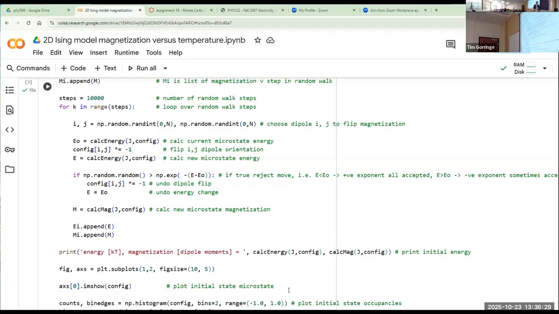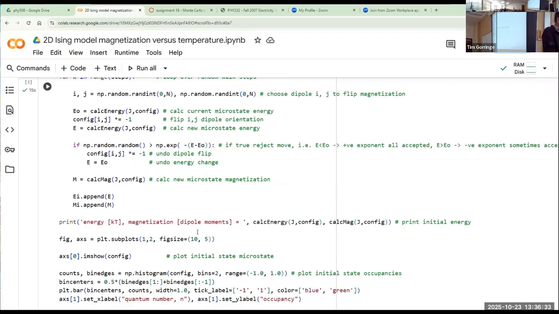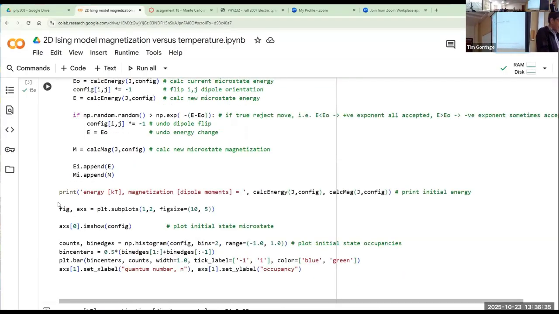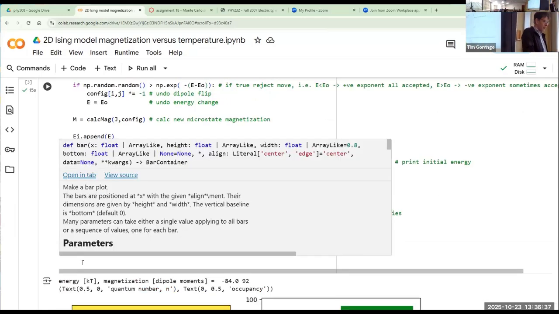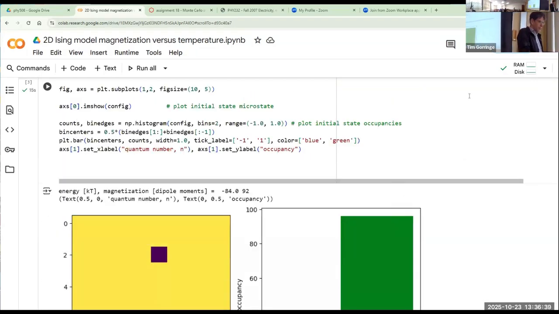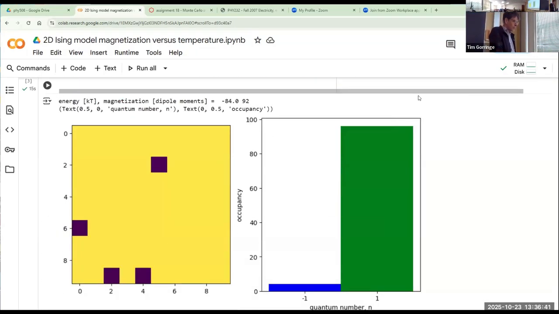Okay. Well, we've gone around that loop. We've done our calculation. Let's see what we get. The rest of this cell is just some plotting. Let me show you the results. So I make the two plots that I did on the initial state. I've made them again now.